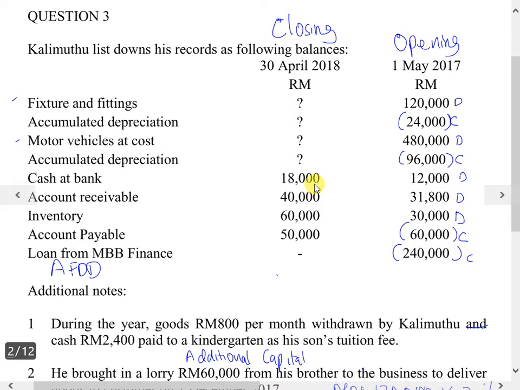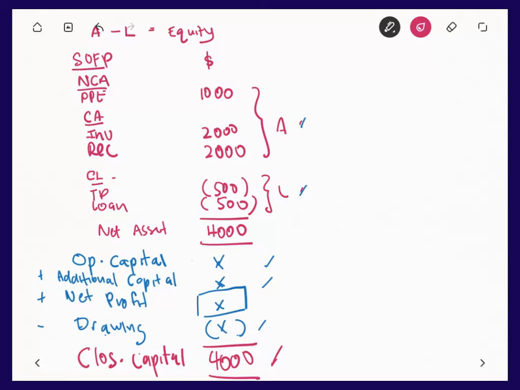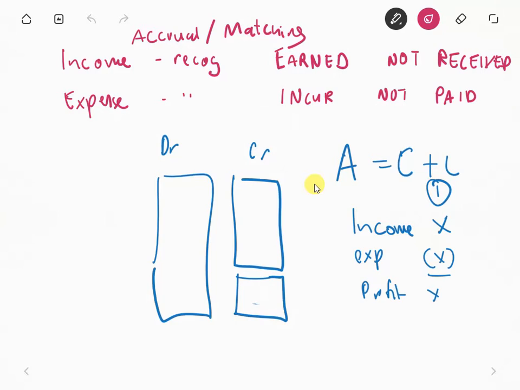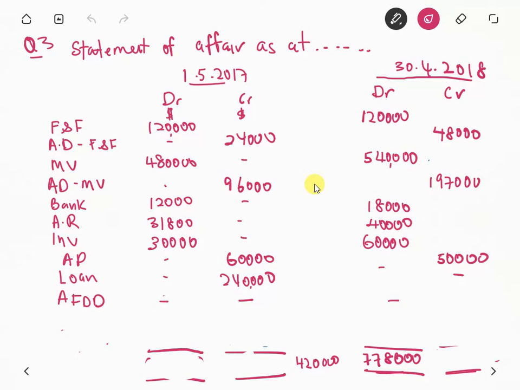All this you transfer and you prepare your statement of affairs. Statement of affairs as at 1st of May opening. Put in opening, closing, transfer all the information into here. You have already identified just now debit and credit.